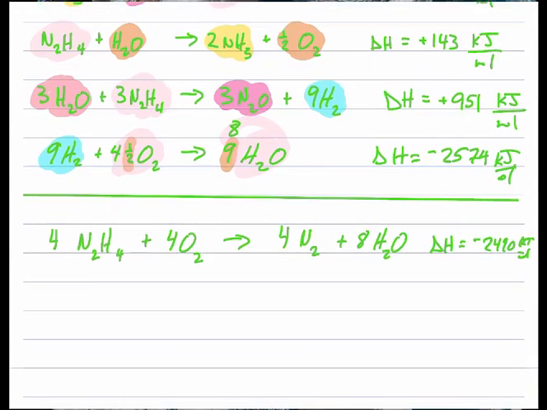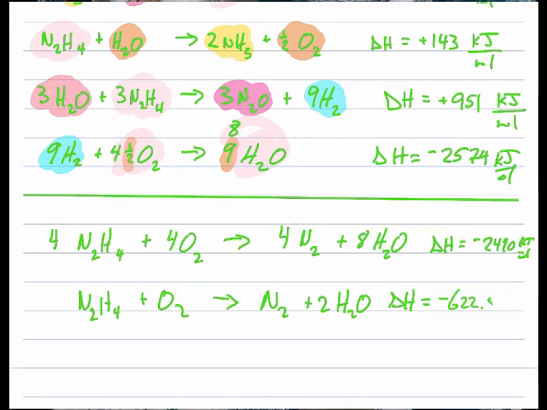Now, of course, this isn't quite the reaction we want. We need to divide everything by 4. So we have N2H4 plus O2 gives us N2 plus 2 H2Os, and our delta H, we're going to divide that by 4, which gives us negative 622.5 kilojoules per mole.